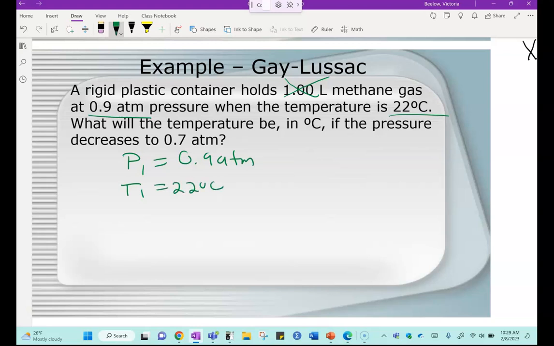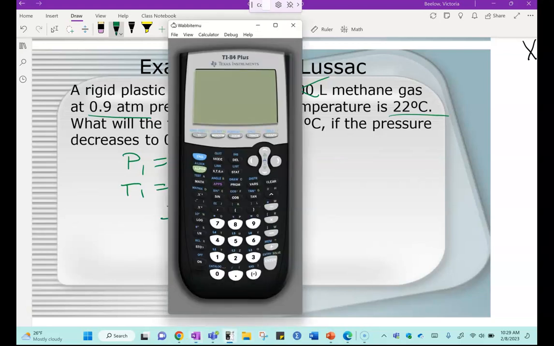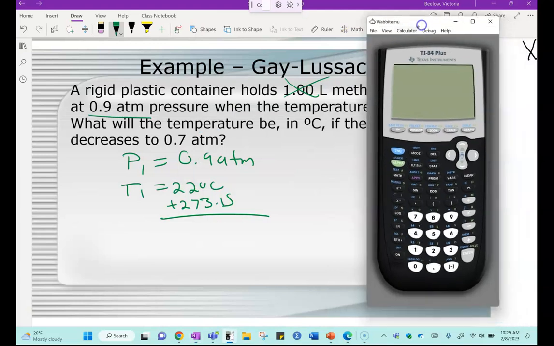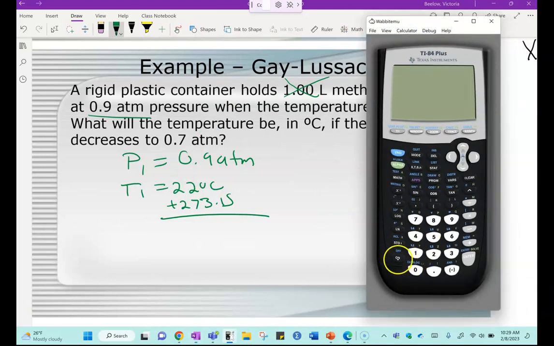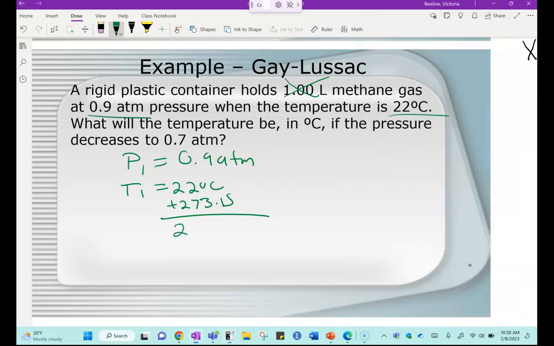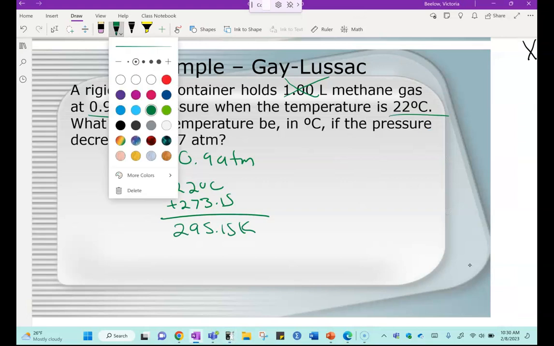Again, the first thing I'm going to do is convert this into Kelvin right away, because whenever you're plugging into these equations, you need to make sure that your temperature is in Kelvin. So 273.15 plus 22 is 295.15 Kelvin.